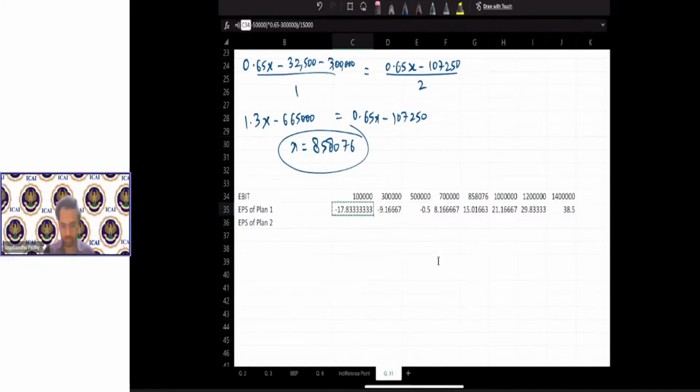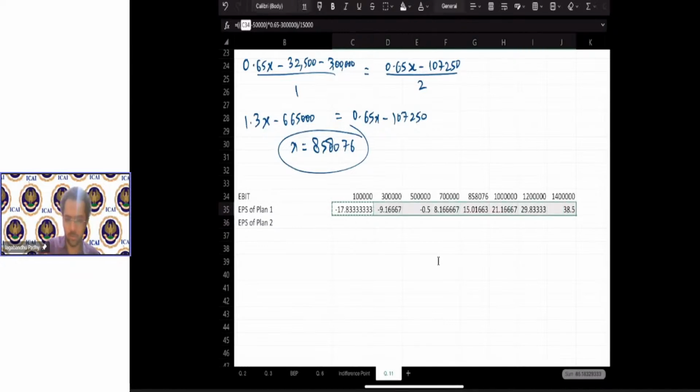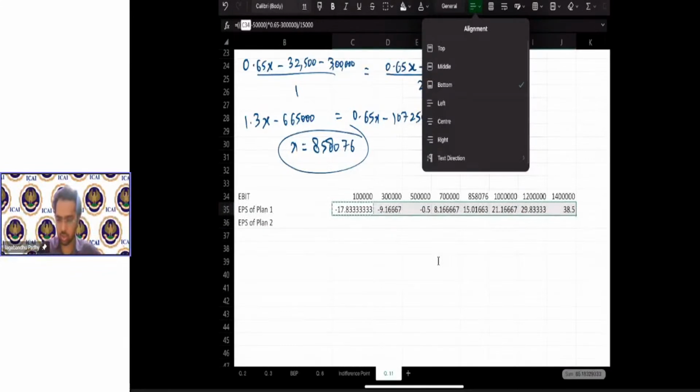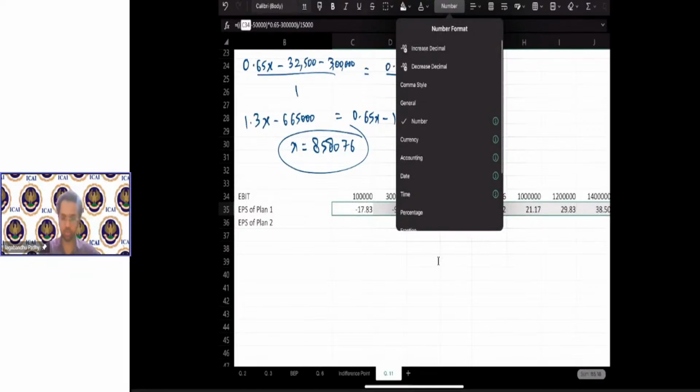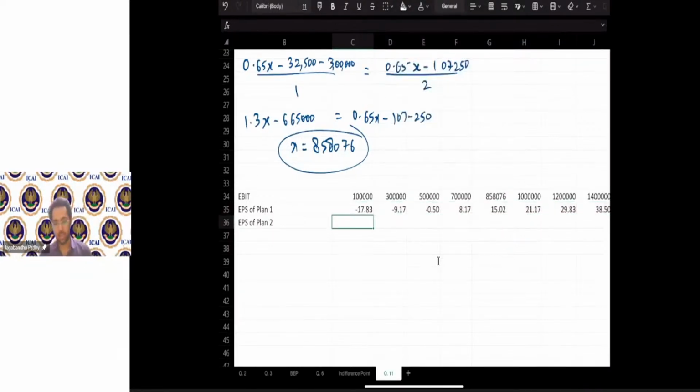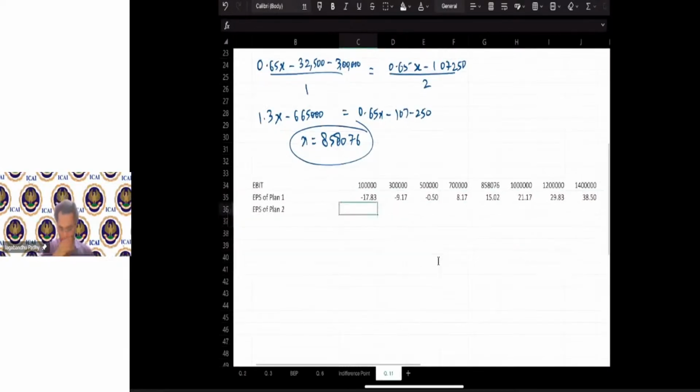And similarly, we can get the EPS figures for plan 2. I'm calculating it with the help of a quick Excel formula, guys, just for the ease of understanding the concept, rather than focusing on the numbers, rather than focusing on how to calculate. I'm just focusing on the concept right now. So EPS for plan 2 will be on similar lines.